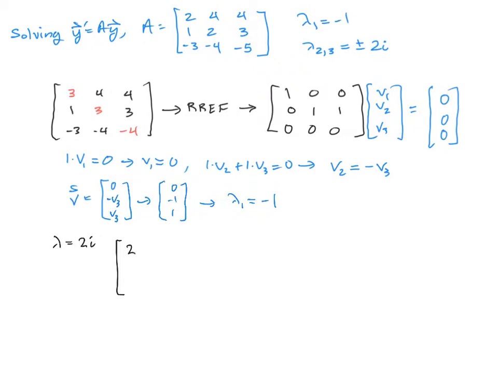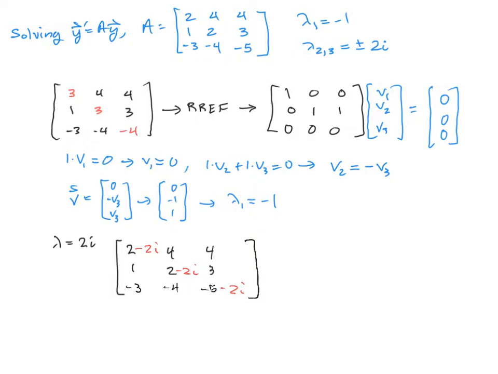So again, we've got the original matrix 2, 4, 4, 1, 2, 3, -3, -4, and -5. And now we're going to be subtracting 2i off of the main diagonal. Okay, and that's going to automatically introduce some interesting complex number calculations for us.